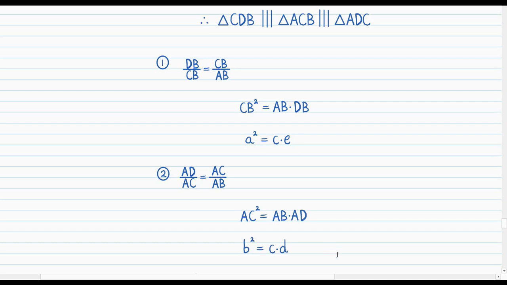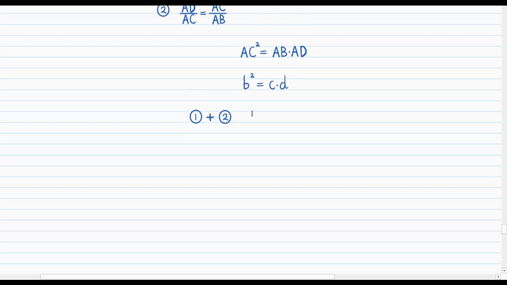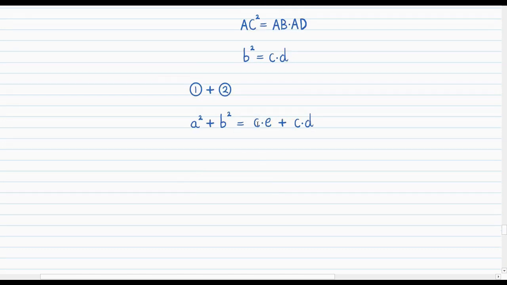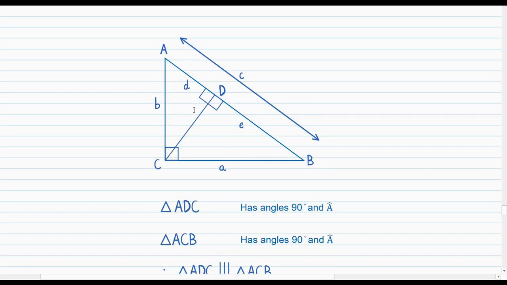Then for the final part of this proof, we would just add the two equations together. So a squared plus b squared is equal to c times e plus c times d. And we can factorize out c on the right side, giving c times (e plus d). Then if we look again at the diagram, e plus d is exactly the same as c.